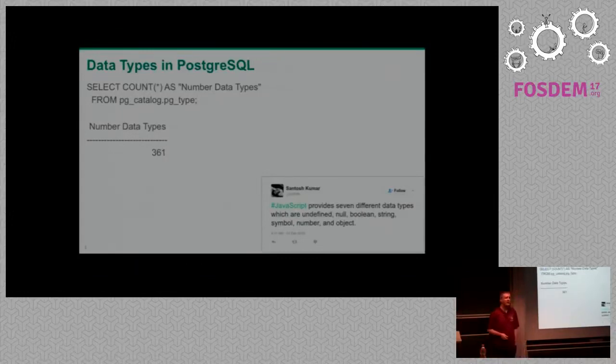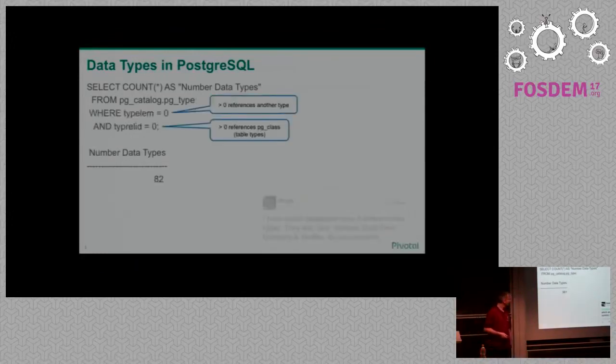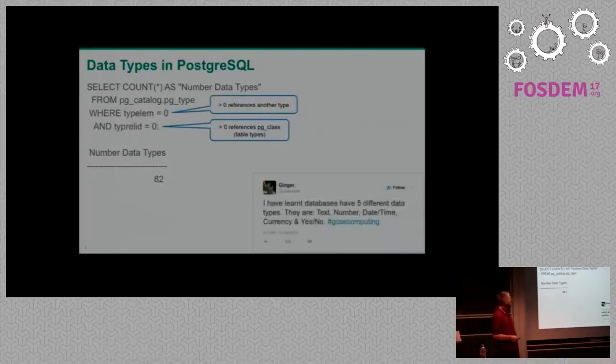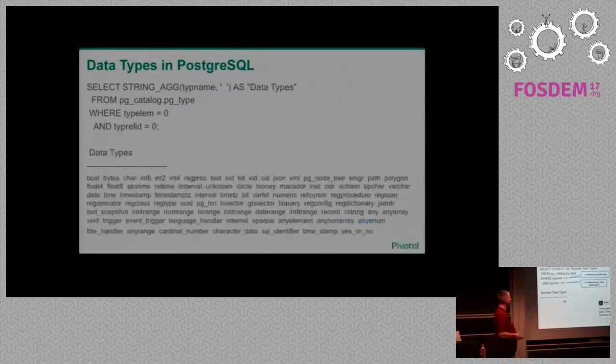If I look into PG type in my database, I get 361 right now. Unfortunately, this also includes any table types we have, because they go into the same table, and it includes any references to another type here. So if I exclude those, I get 82 data types in my database. Still a lot.